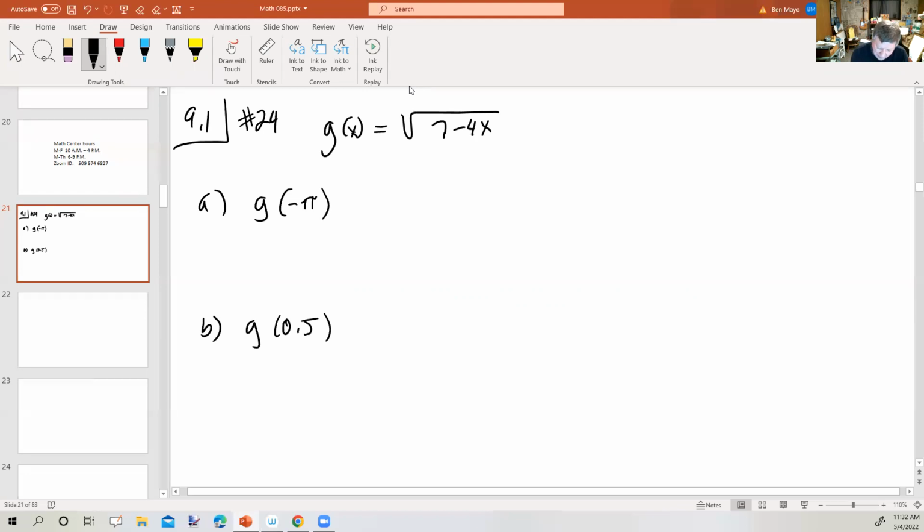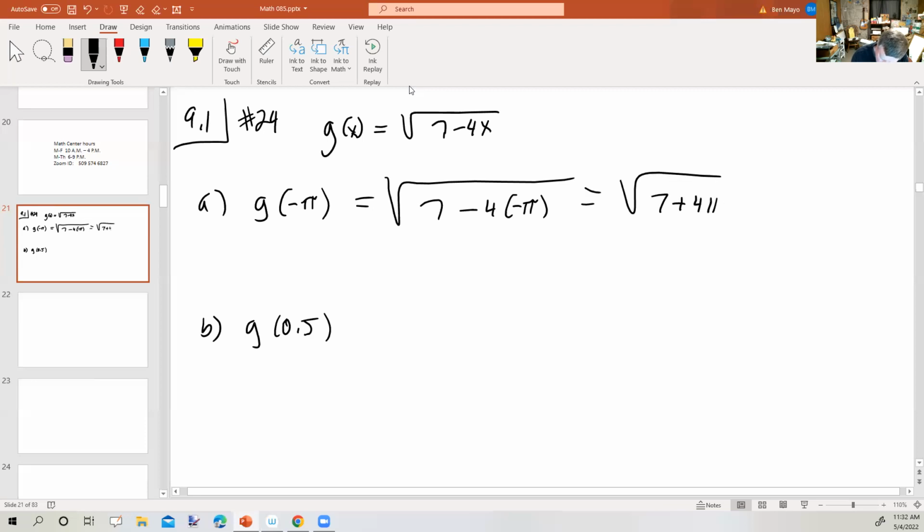So let's take the negative pi first. G of negative pi would be the square root of 7 minus 4 times negative pi, which would be the square root of 7 plus 4 pi, because minus 4 times negative pi, negative times negative is positive. All right. So on your calculator, on the left-hand column, the fourth button down, at least on my calculator, I have the pi symbol.